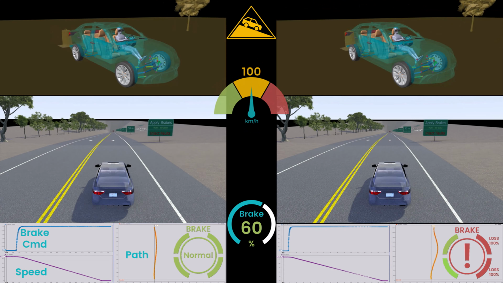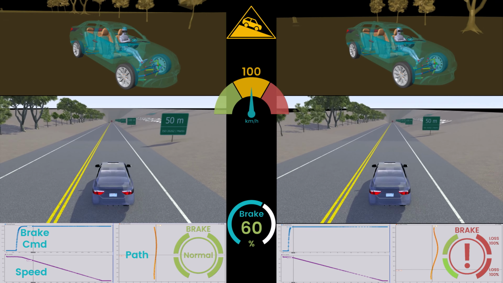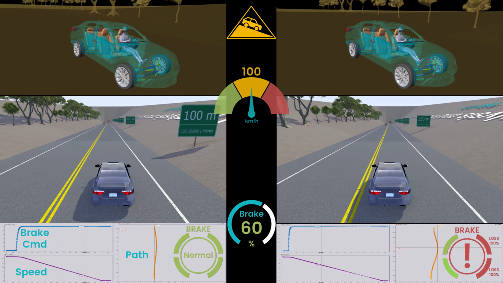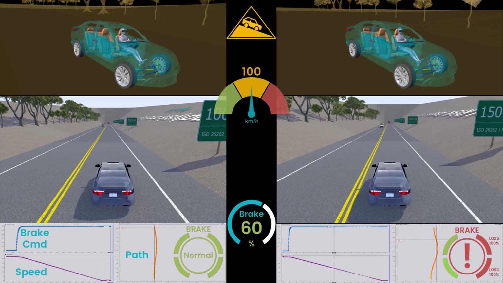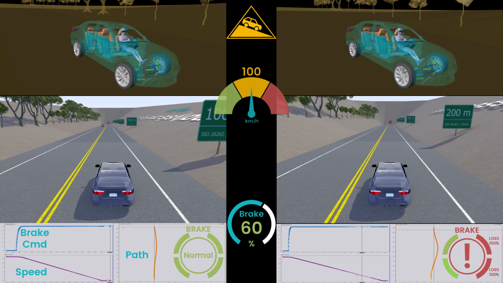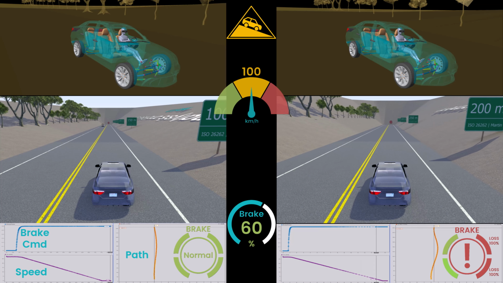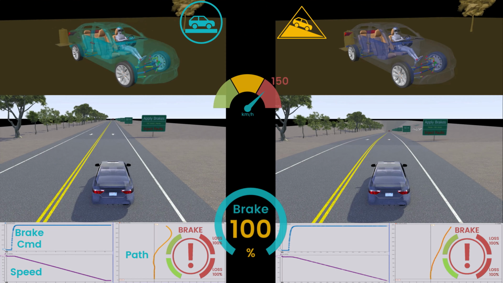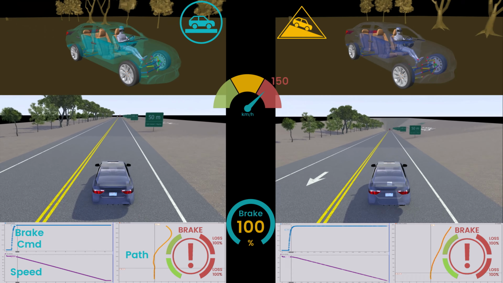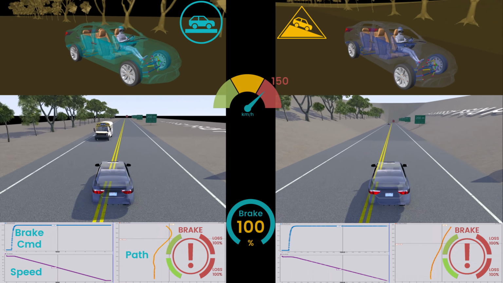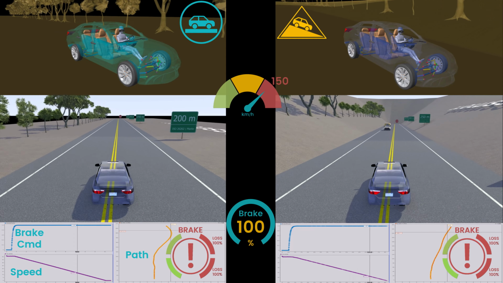Next, the vehicle speed is increased to 100 kilometers per hour. Last but not least, the brake pedal is fully applied, and we compare vehicle behaviors on a flat road versus a downhill slope at 150 kilometers per hour.